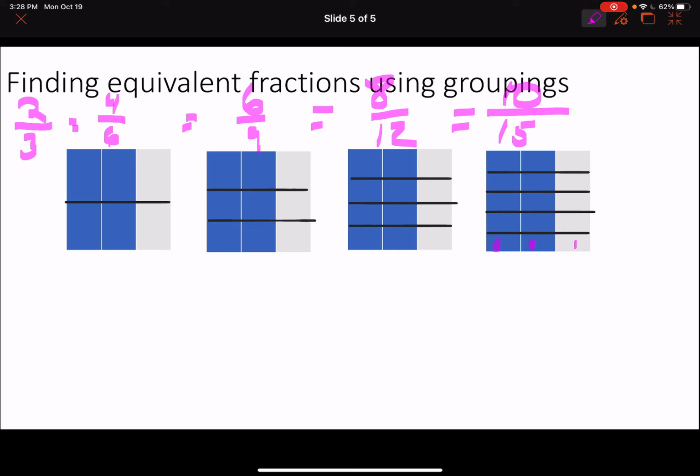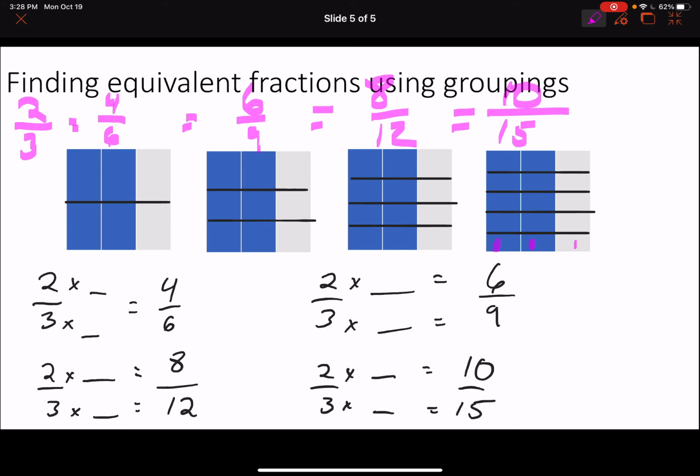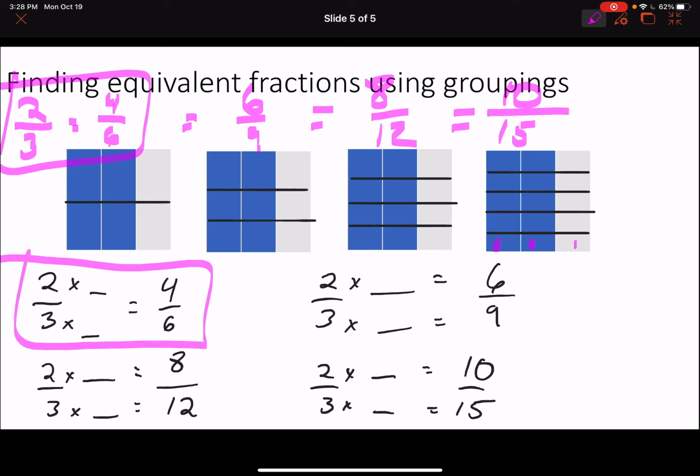Now, I wanted to show you something a little bit different. Looking here, notice that that matches right here. I'm looking at 2/3 and how we get to 4/6. If I look here, I drew that line and divided them into 2 more pieces, top and bottom, with that one line.